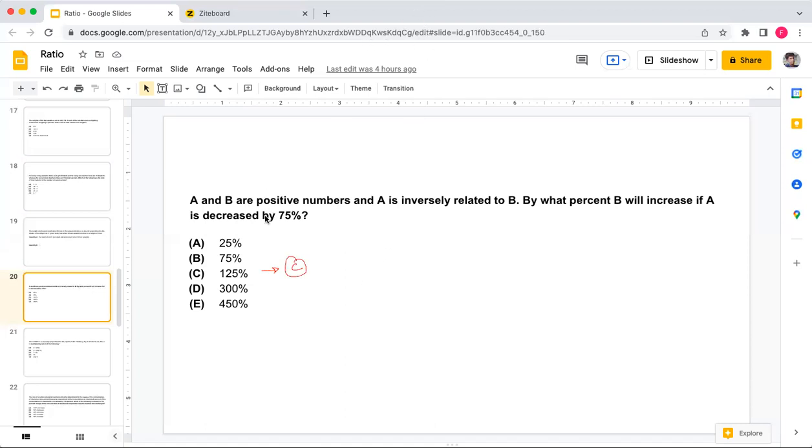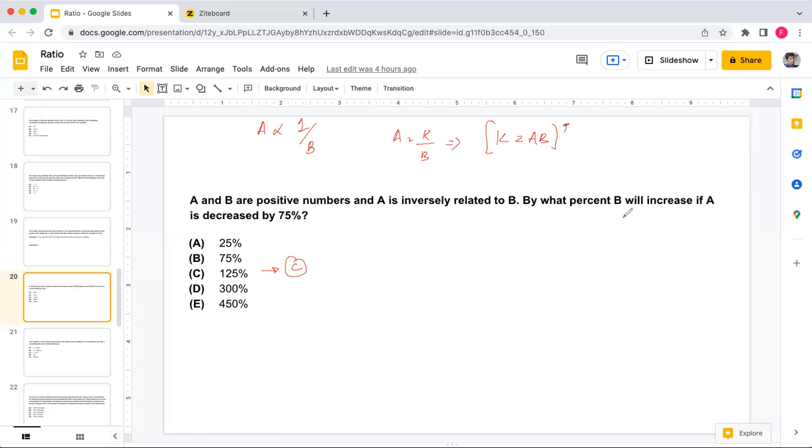Okay. The question is saying A and B are positive numbers and A is inversely related to B. So A is inversely related to B, right? This means A is equal to constant, let constant be K, K over B. This means K is equal to AB. The product is some constant, right? By what percent B will increase if A is decreased by 75%?